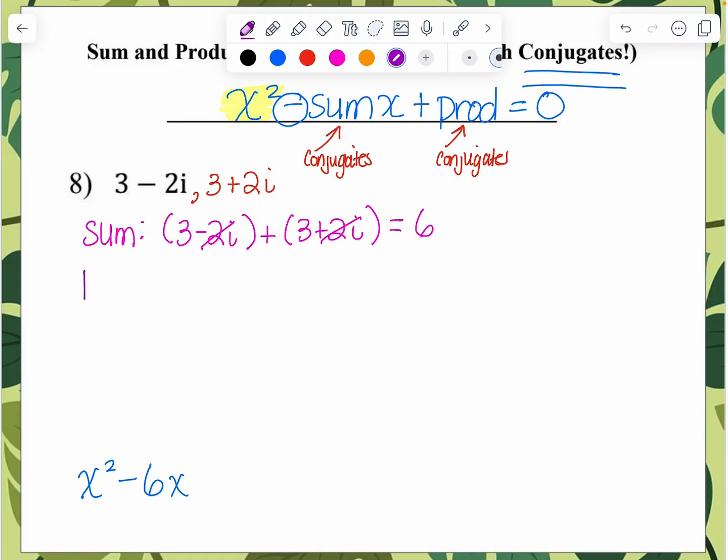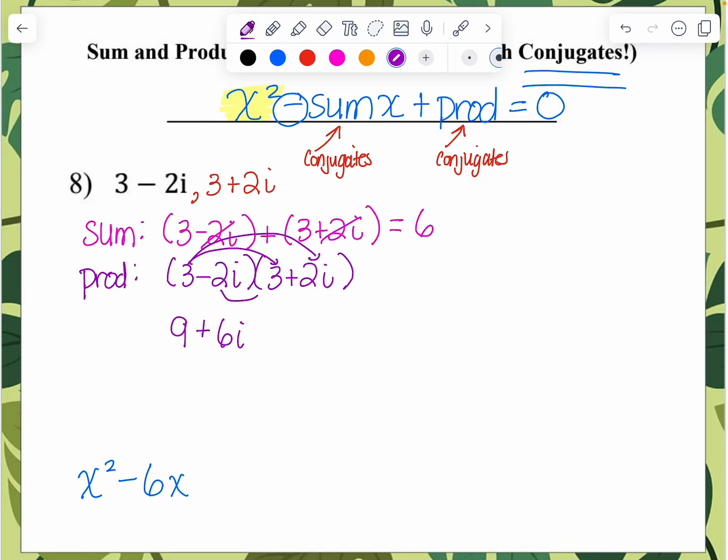Next thing I'm going to do is find the product of those conjugate pairs. So 3 minus 2i times 3 plus 2i. I'm going to have to multiply those binomials. So 3 times 3 is 9. 3 times 2i is plus 6i. Negative 2i times 3 is minus 6i.